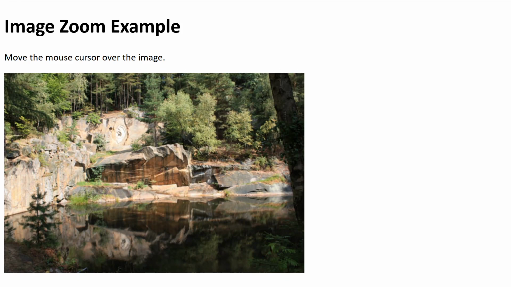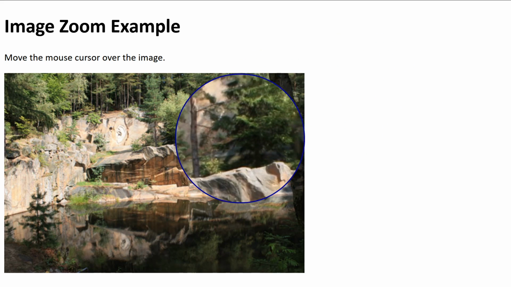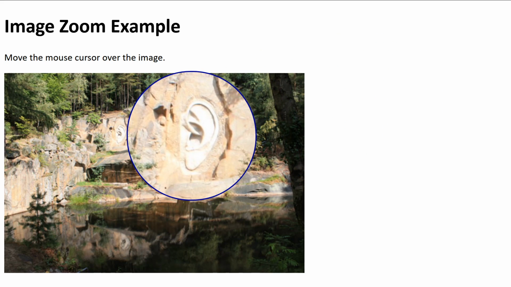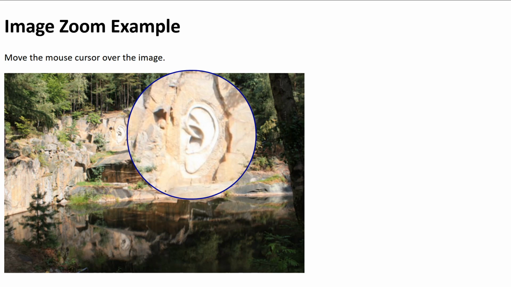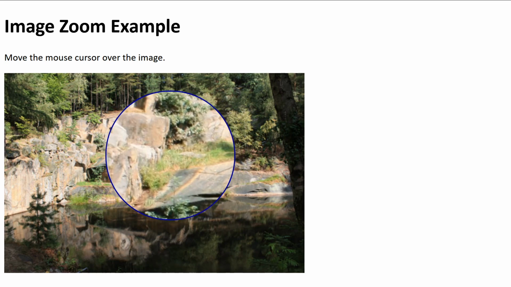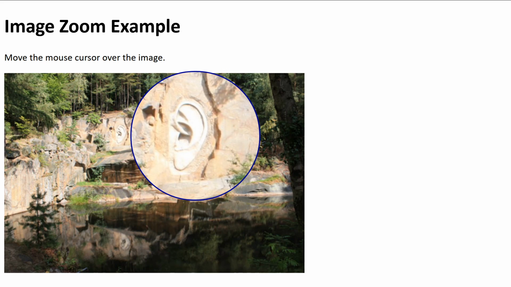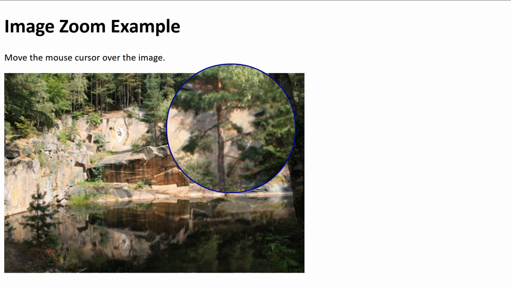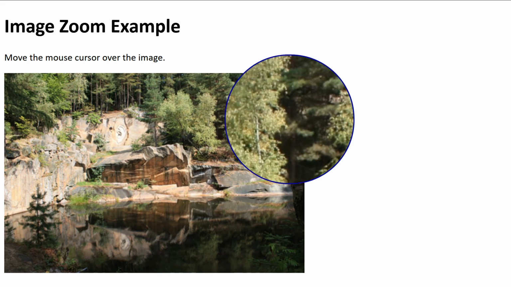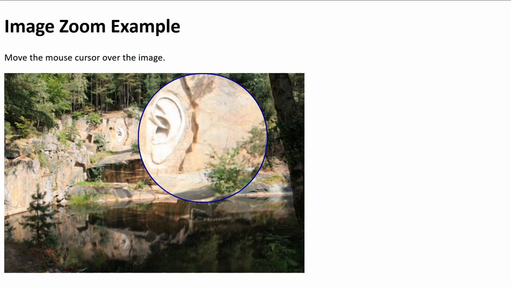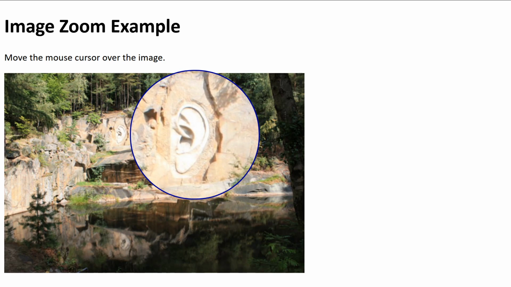Let me give you a quick example of what can be done using very simple techniques, just images and CSS. So this is a normal image, and I can create a kind of zooming window which actually uses a different image. I have two images. One is smaller, this is the whole image, and the other, which is in a much finer resolution, is downloaded in the background.